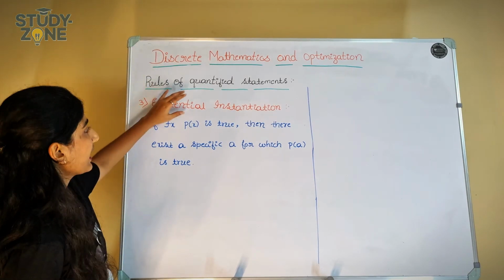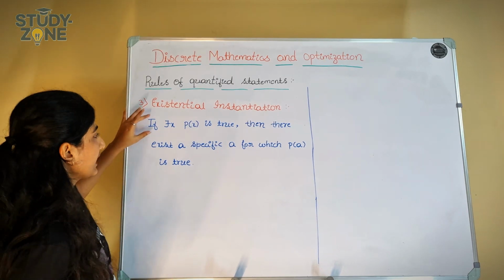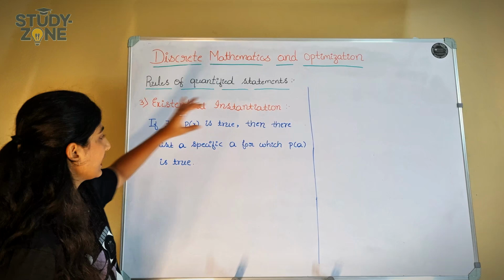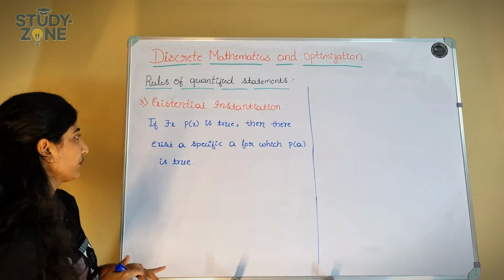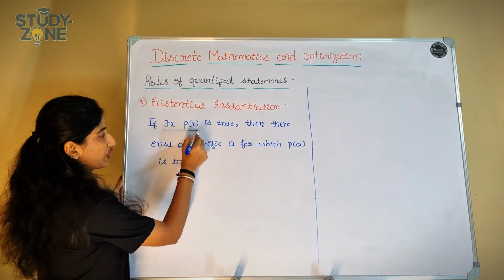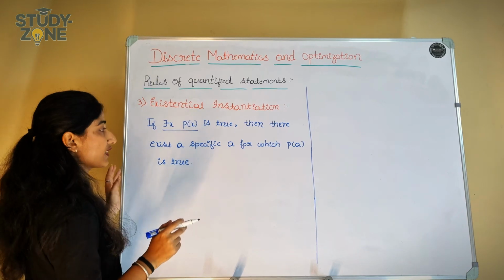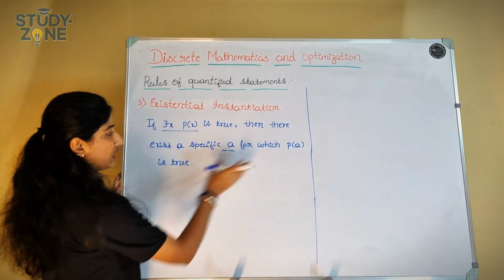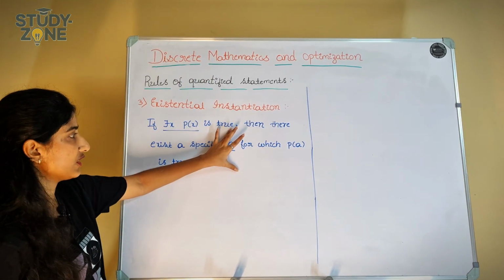So in existential instantiation, what it is telling is, if there exists x, P of x is true, then there exists a specific A for which P of A is true. So there exists P of x, which means there is at least one value that is true, which means there is at least one term for which P of A is true.